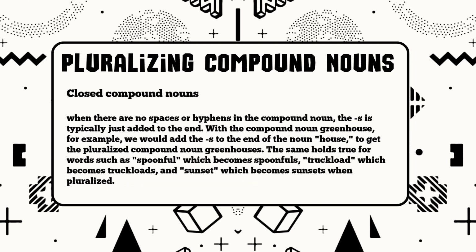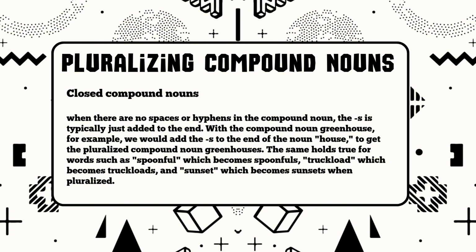Closed compound nouns. When there are no spaces or hyphens in the compound noun, the s is typically just added to the end. With the compound noun greenhouse, for example, we would add the s to the end of the noun house to get the pluralized compound noun greenhouses.